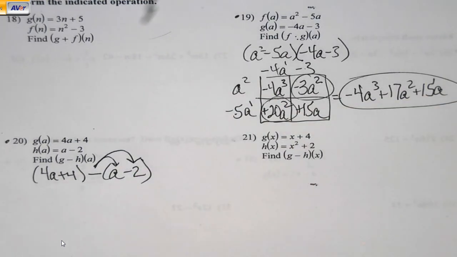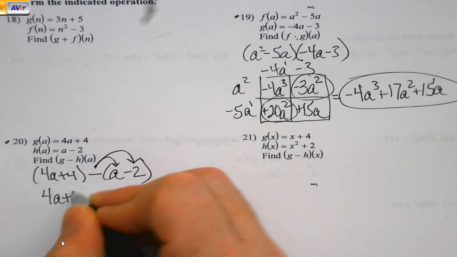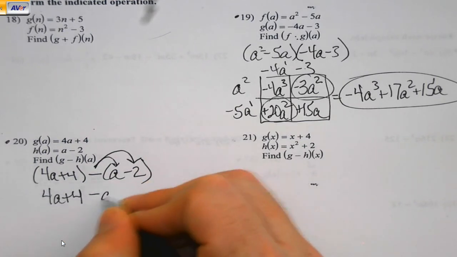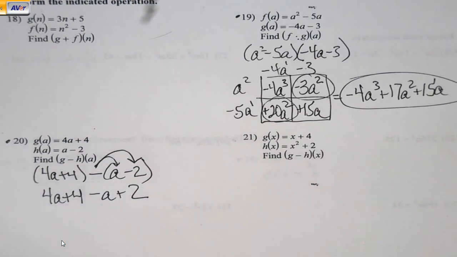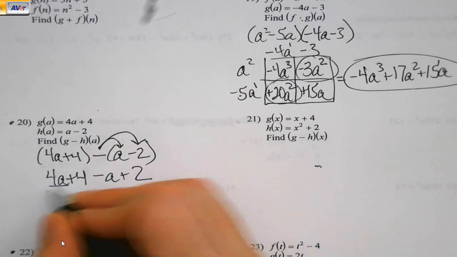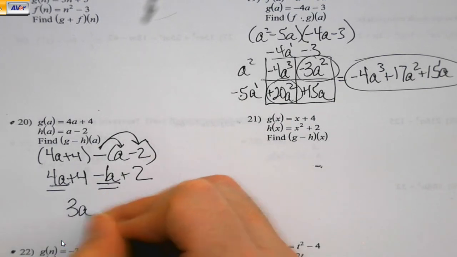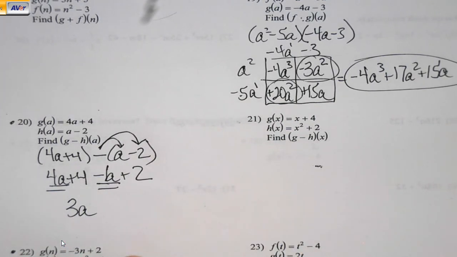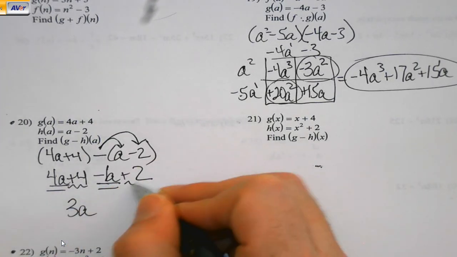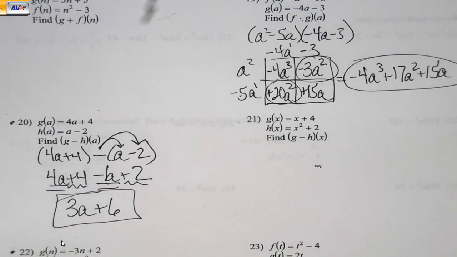The negative, the minus, distributes through. Negative a, positive 2, and don't stop. We still have like terms to combine. 4a minus 1a is 3a. Notice I'm not messing with the a's at all. Just the coefficients. 4 plus 2 is 6. There's my g minus h.